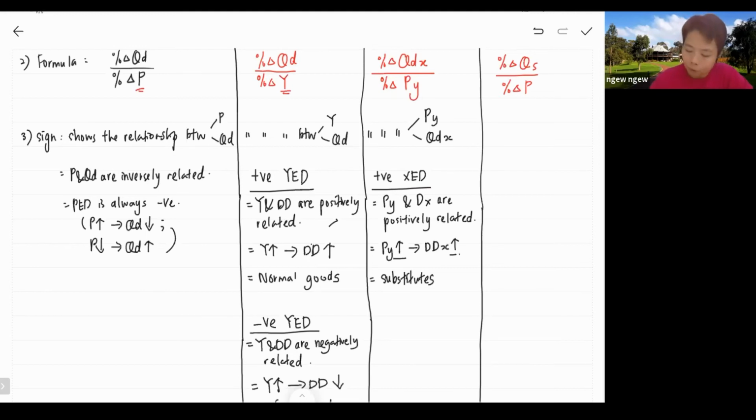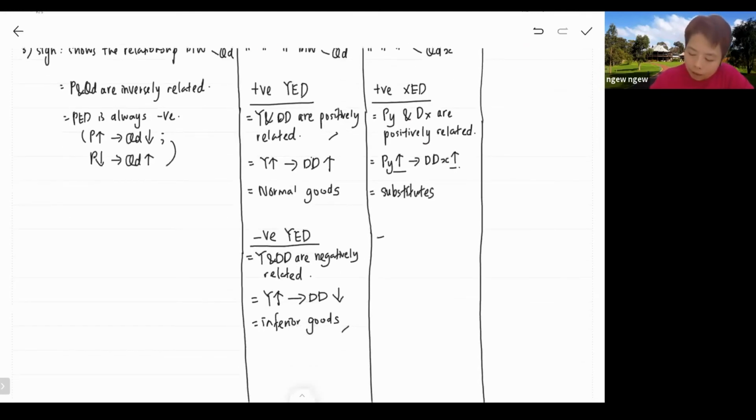Whereas negative XED, which means price of Y and demand for X are negatively related, so when price of Y rises, demand for X will fall.